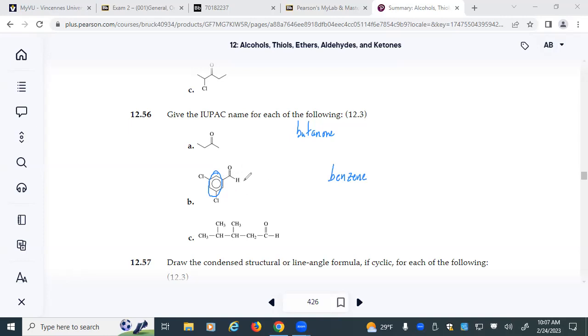So now we can look at it and say, okay, what is attached to this benzene? Well, I can see that I have this group here, and I also have these two groups. So those two are the same.